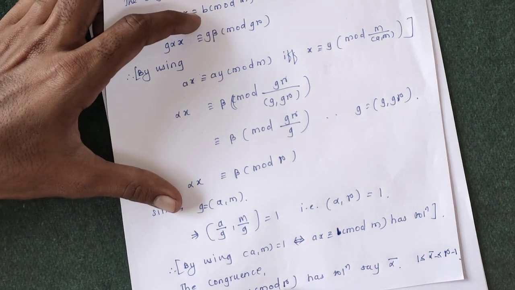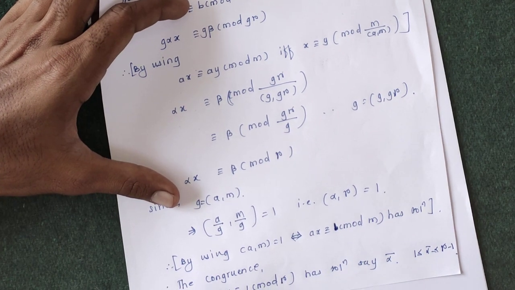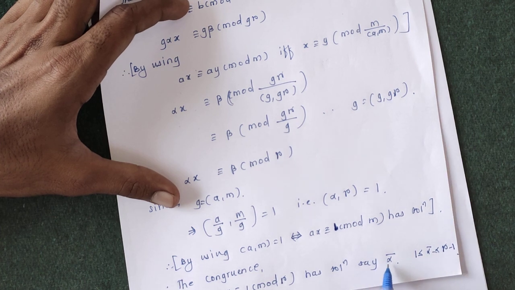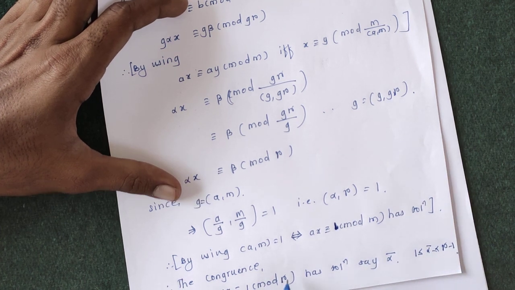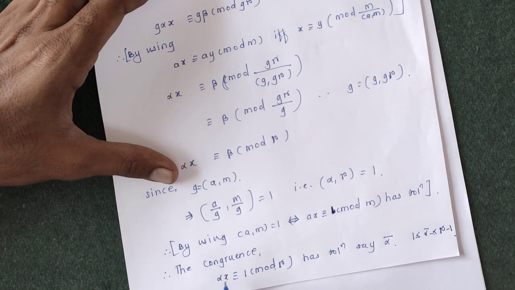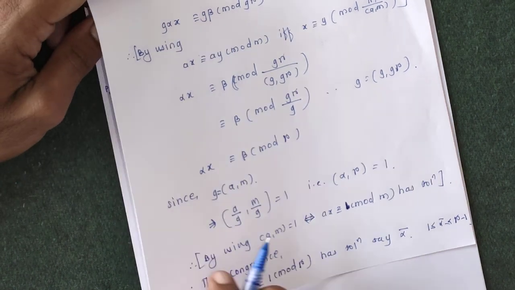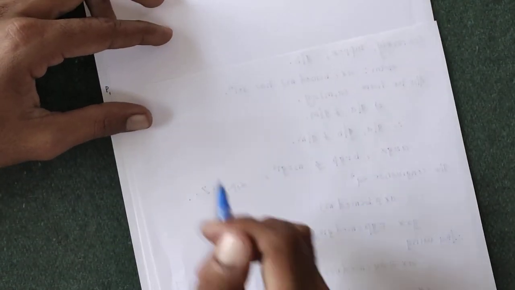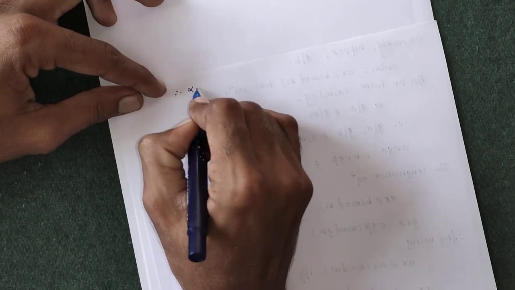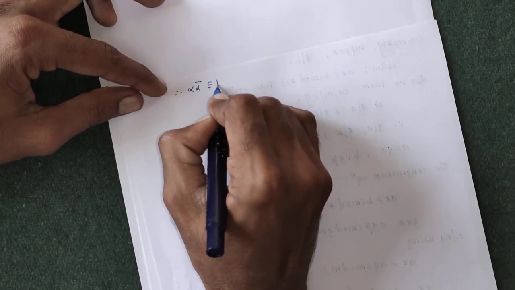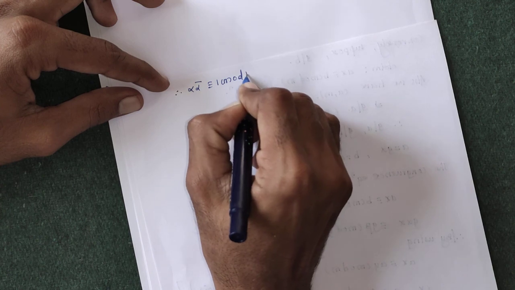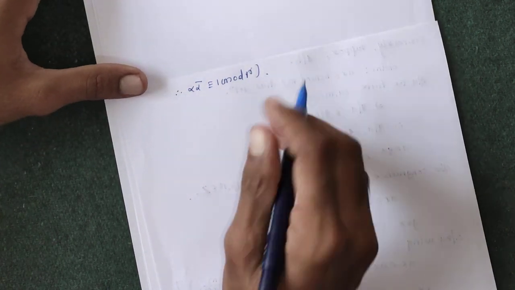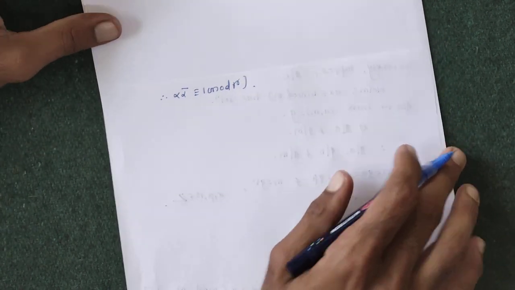So we get alpha x is congruent to 1 modulo gamma. This congruence has solution alpha bar. Therefore this alpha bar must satisfy this congruence, that is, alpha bar is congruent to 1 modulo gamma.